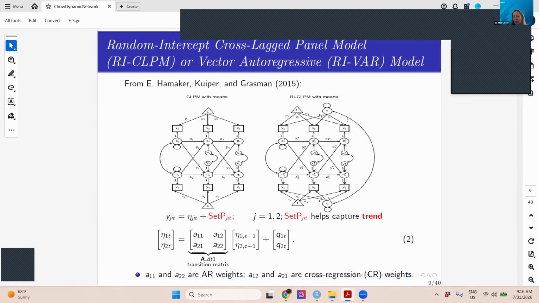So for time 1, time 2, time 3, you can have different values for the intercept, and then you have a random effect that captures between-person differences in set point. So the RI-CLPM is related to the random intercept vector autoregressive model. The names sound different, but they are similar models that came from slightly different modeling traditions.